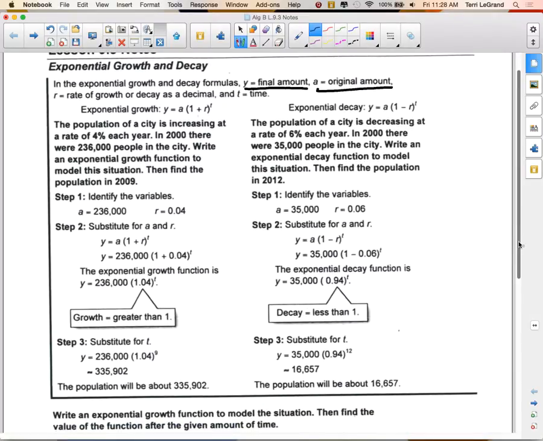And then there's going to be an R in the formula, and that is the rate of growth or decay. And note what it says, as a decimal. So they're probably going to give it to you as a percentage, and you're going to have to change it to its decimal name. And then, last but not least, there's going to be a T in there, and that's going to represent time. Whatever time is measured.